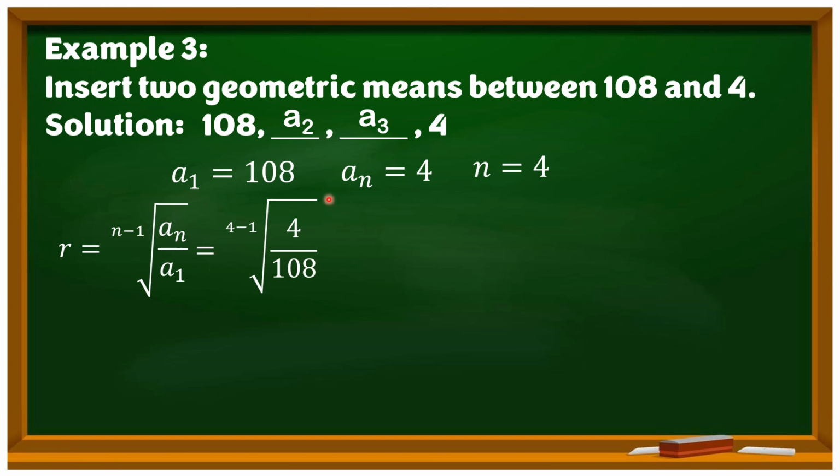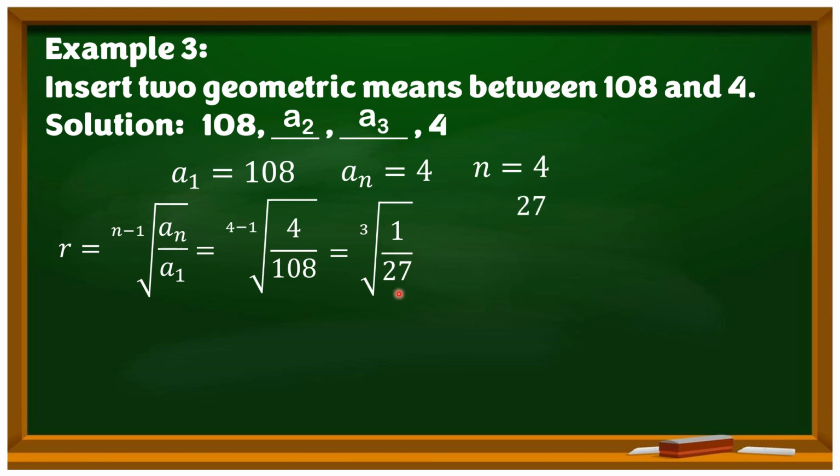Next we're going to simplify. 4 minus 1 is equal to 3. And then we're going to simplify 4 over 108. The greatest common factor of 4 and 108 is 4. So 4 divided by 4 is equal to 1, and 108 divided by 4 is equal to 27.